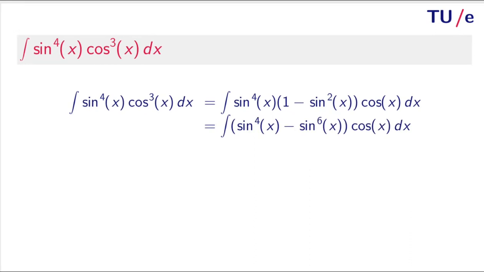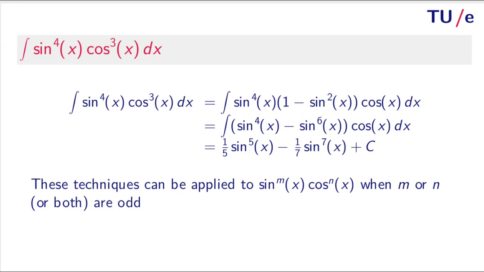So we find this is sine to the power 4 of x minus sine to the power 6 of x times cosine x dx. And now we use again the same substitution. u is sine of x, and we get u to the power 4 minus u to the power 6 du, and our primitive and antiderivative is 1 over 5 sine to the power 5 of x minus 1 over 7 sine to the power 7 of x plus a constant.